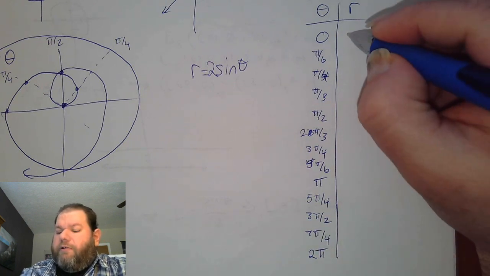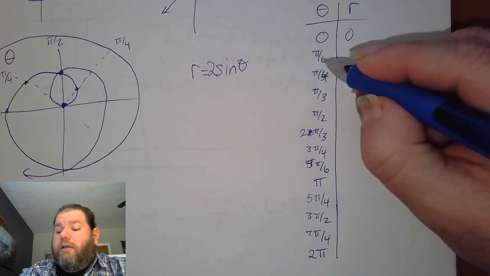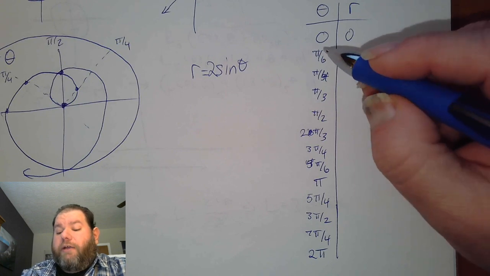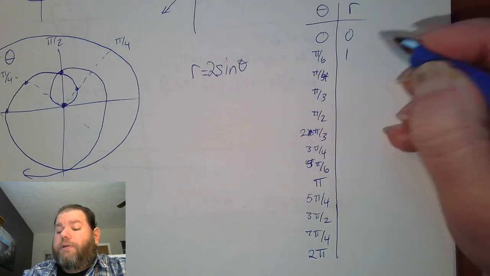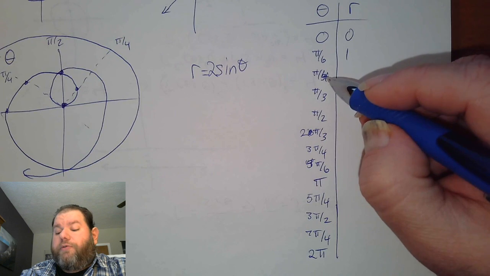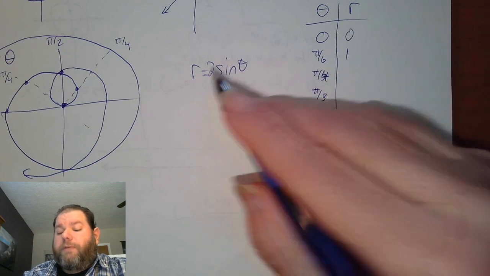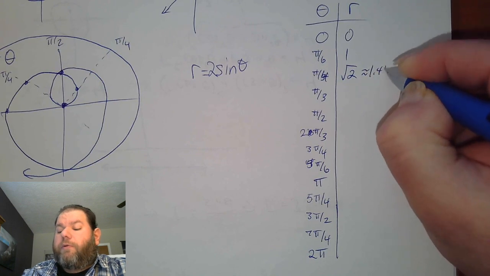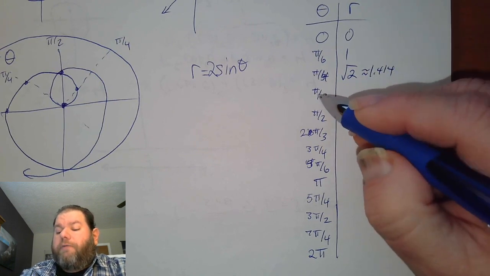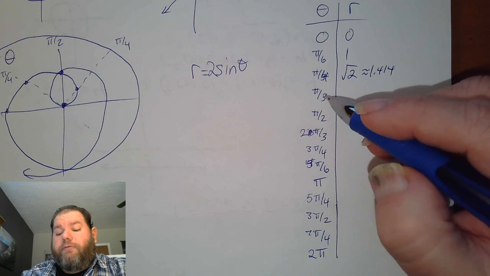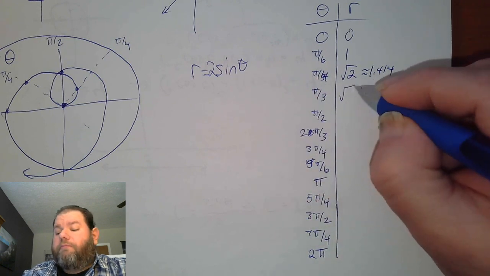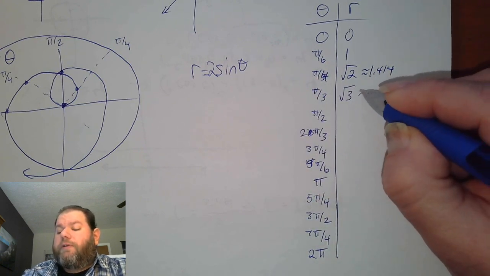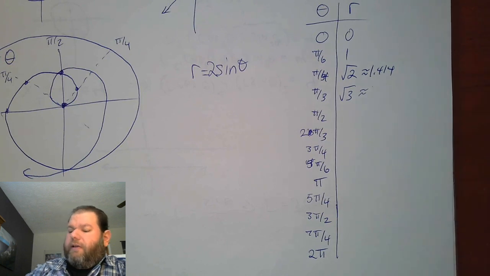So sine of 0 is 0. Sine of pi over 6 is 1/2 times 2 is 1. Pi over 4 is root 2 over 2 times 2 is just root 2, which is 1.414. Sine of pi over 3 is root 3 over 2 times 2 is root 3, which is 1.73.